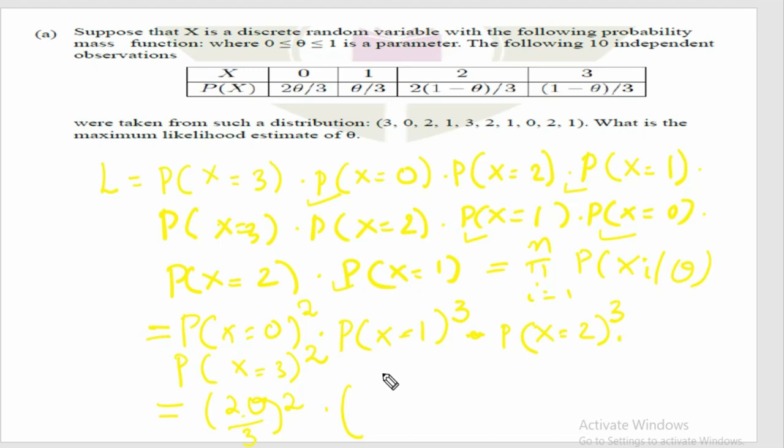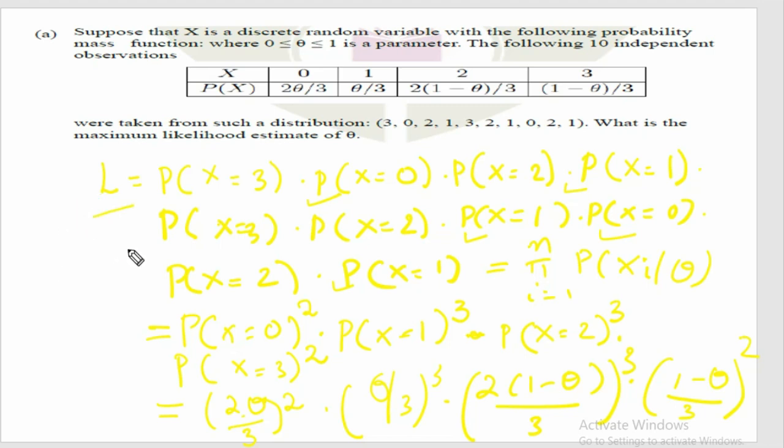So you can write it as theta by 3 the whole cube, into, similarly, x is equal to 2 as 2 into 1 minus theta by 3 the whole cube, into 1 minus theta by 3 the whole square. So you have got the likelihood.